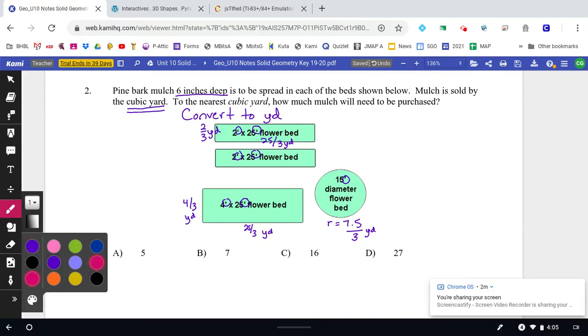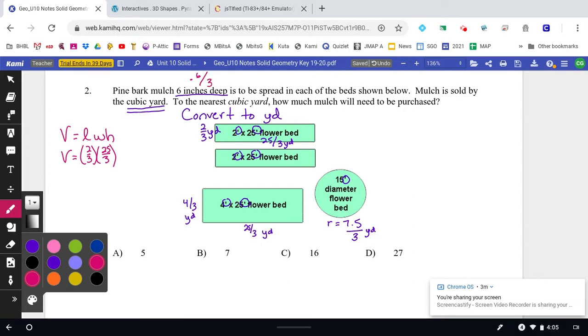All right, so let's find the volume of our rectangular prisms first. Length times width times height. So we've got 2/3 times our 25 thirds and our 6 inches deep.